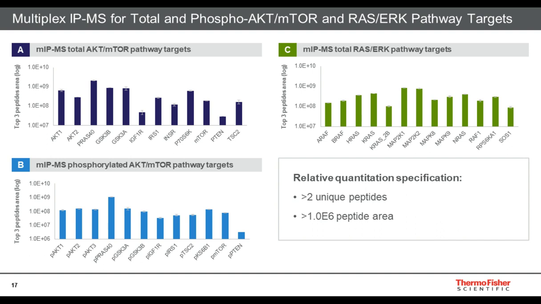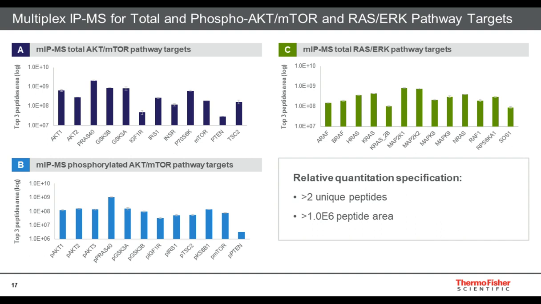So once we have developed these assays, this gives you a little bit more in-depth look at how the data looks by doing the directed discovery mass spec analysis. Panels A and B are the multiplex IP-MS assay for total and phosphorylated AKT mTOR pathway targets, and panel C is the multiplex IP-MS for total RAS MAPK pathway targets.